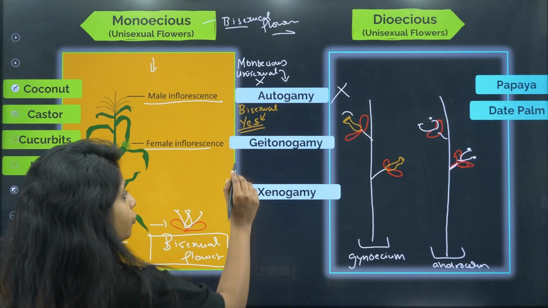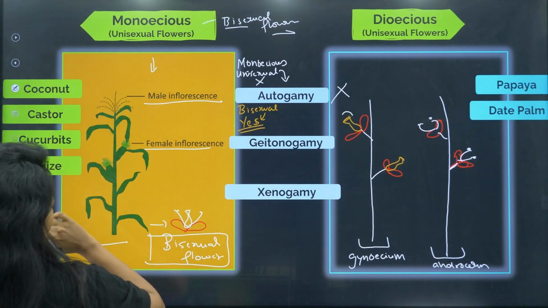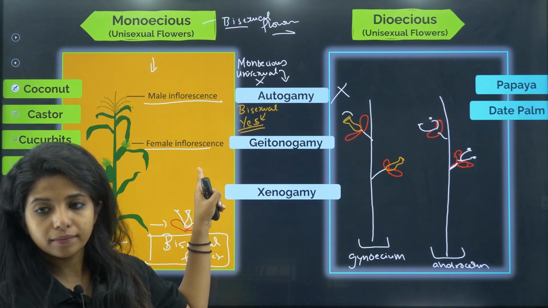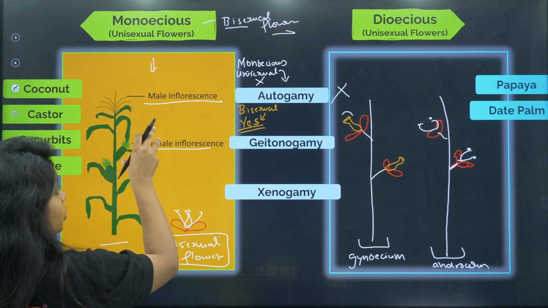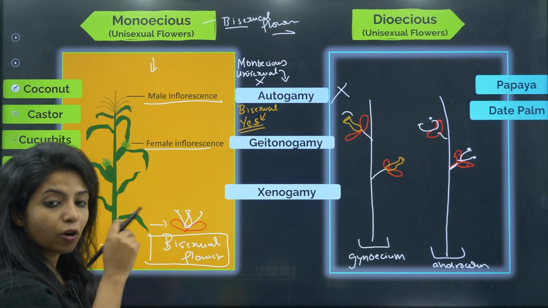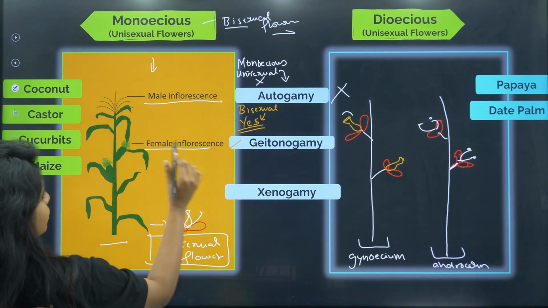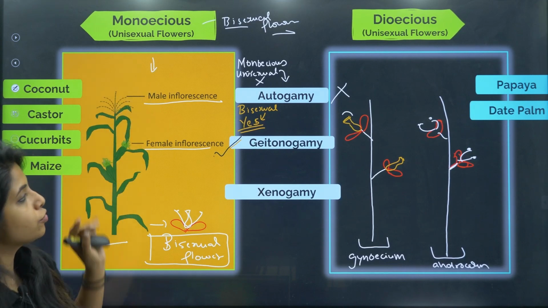Going ahead, if we talk about geitonogamy, do you think that they can show geitonogamy over here? From one flower to another flower, can they cross pollinate? Yes, they can cross pollinate in the same plant. So, geitonogamy is definitely possible for monoecious plants.